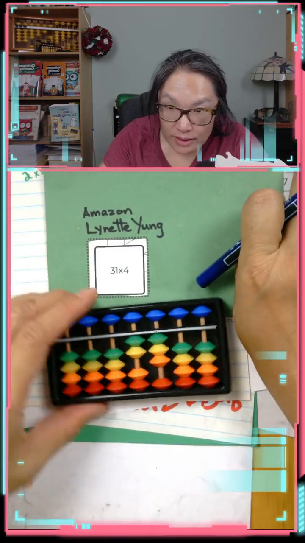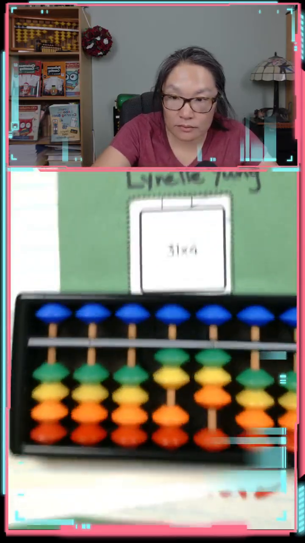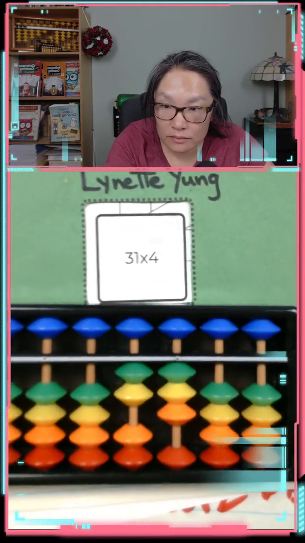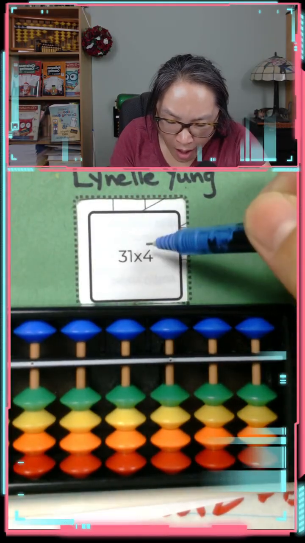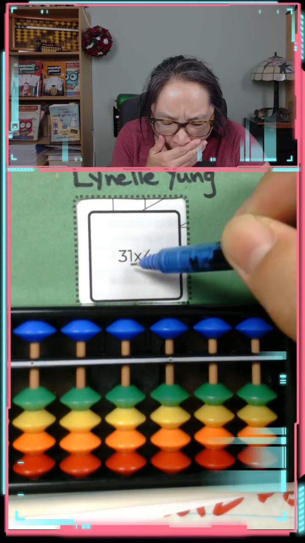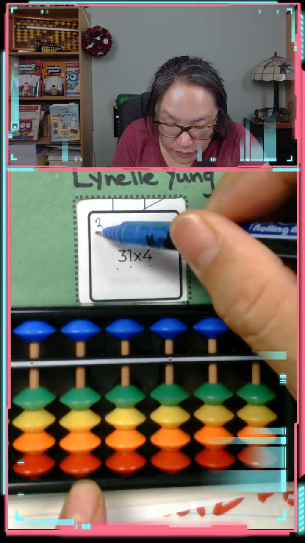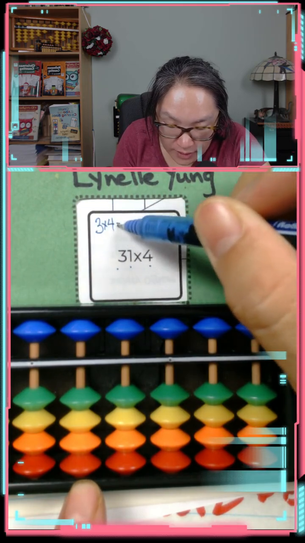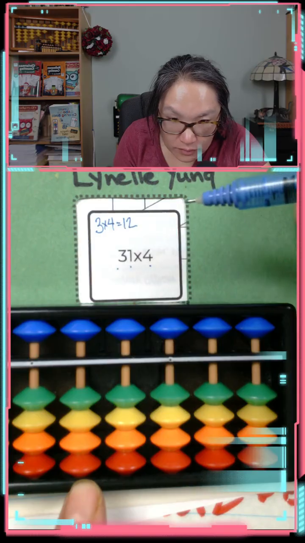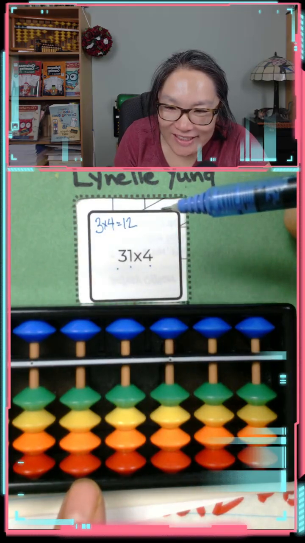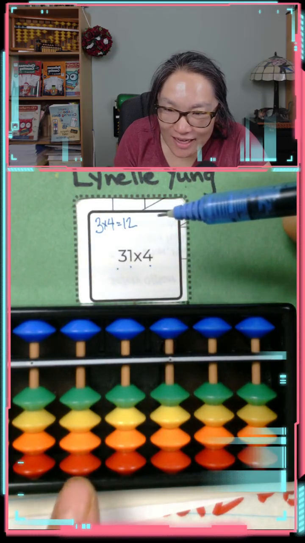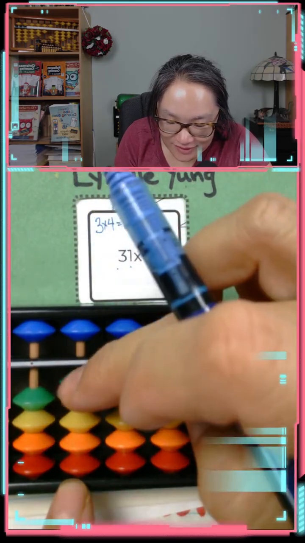My next number is 3 digits. 1, 2, 3. So what do we do? 3 times 4 is 12. Add the 1, add the 2.